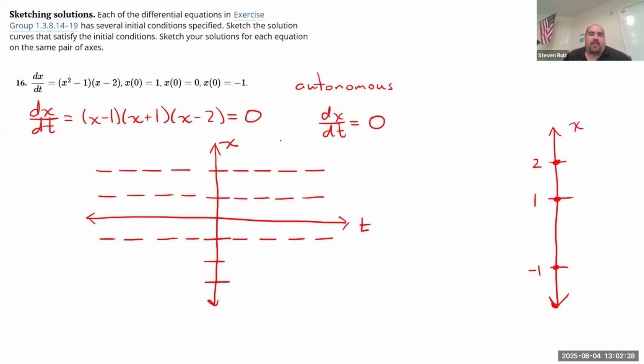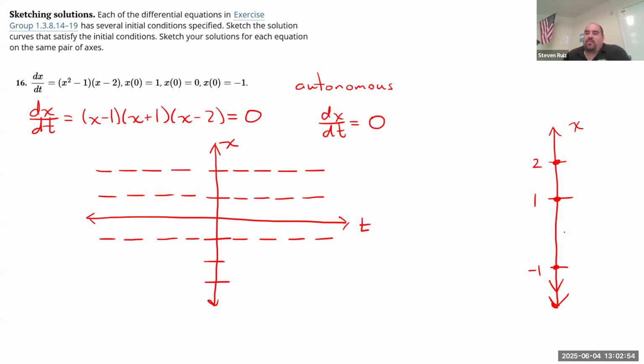So for example, -2. So let's plug in -2 for these values. I don't really care what the value is aside from whether it's negative or positive. So -2 minus 1 is negative. -2 plus 1 is negative. -2 minus 2 is negative. So if I multiply three negatives together, that's negative.